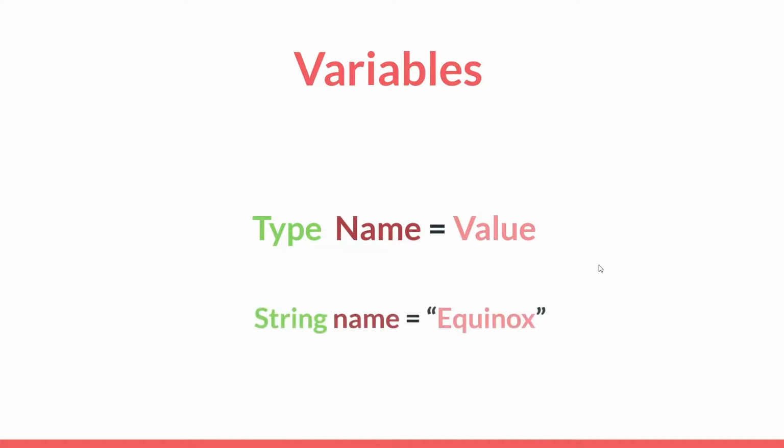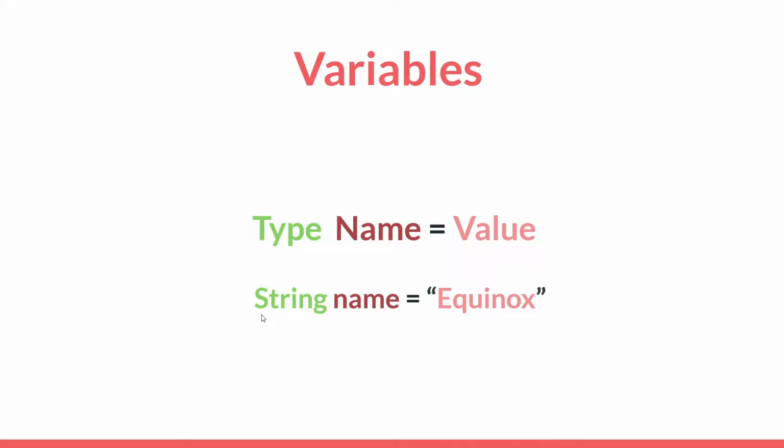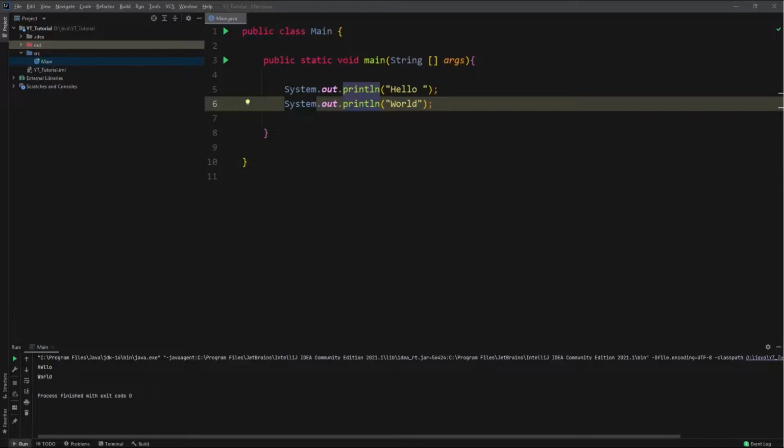So you can see how you would do that right here. String name equals equinox. So now this just creates a variable called name with the value equinox. It's pretty simple, pretty basic, very useful though. So now let's go take a look at that in the IDE so you can see how that actually works.